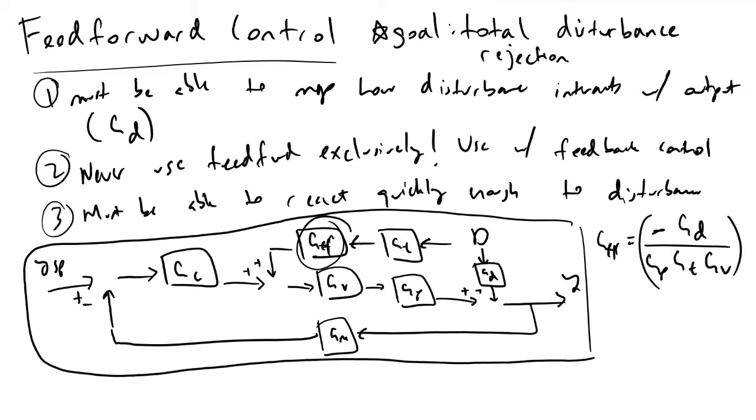And so if you are able to fully understand what GD is, this was the most tricky one to figure out, and you'll be given this on a test, but in the real world, figuring out what GD is is the challenge. And if you know these other parameters, you will be able to design a feed-forward controller.